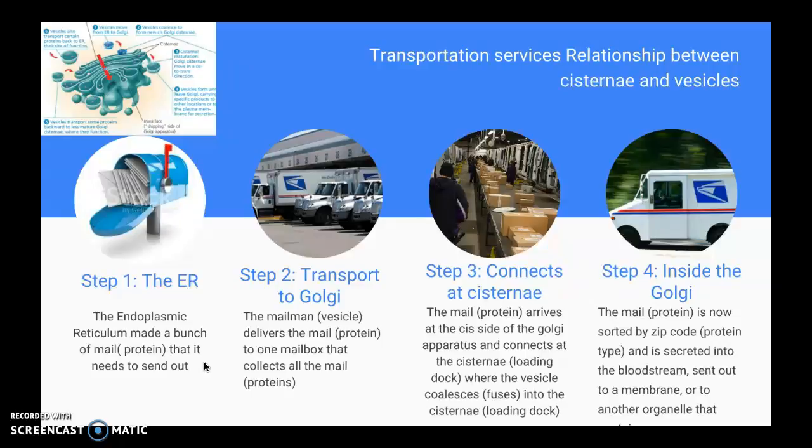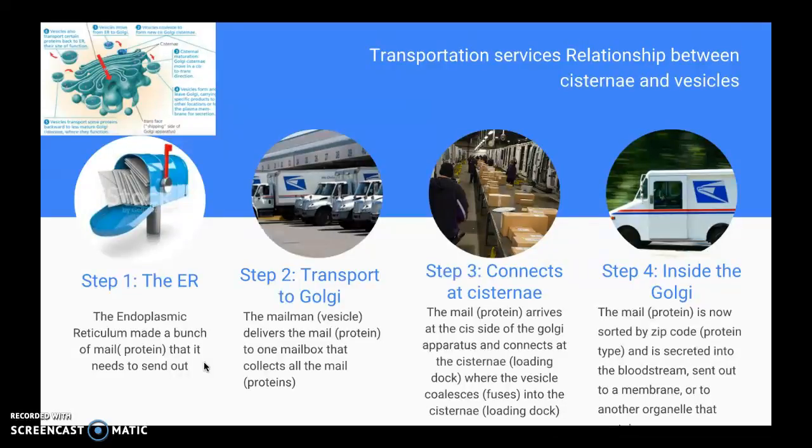Step one, the ER, the endoplasmic reticulum, made a bunch of mail, which you can think of as protein, and it needs to send it out. Step two, transport to the Golgi. The mailman, which you can think of as a vesicle, delivers the mail or the proteins to one mailbox that collects all the mail, the proteins, which would be on the cis side of the Golgi.